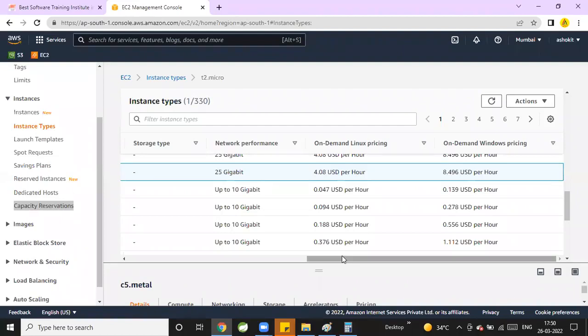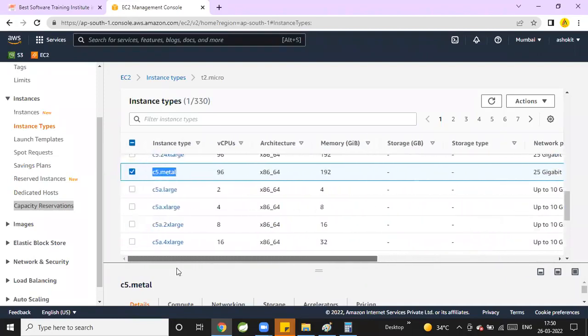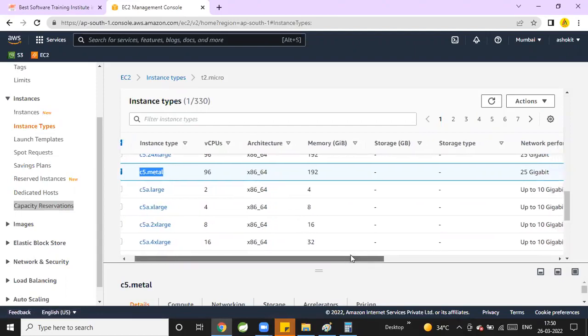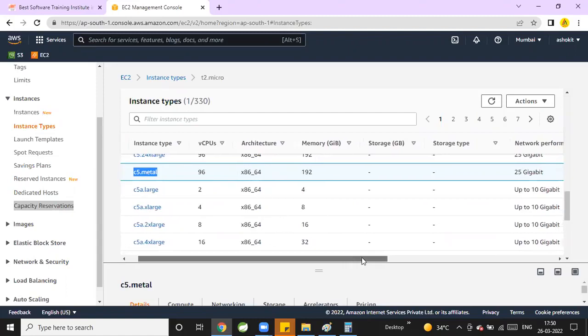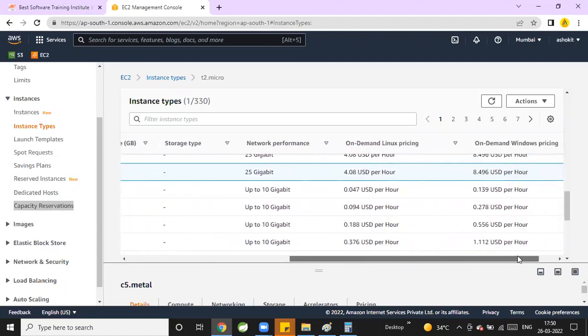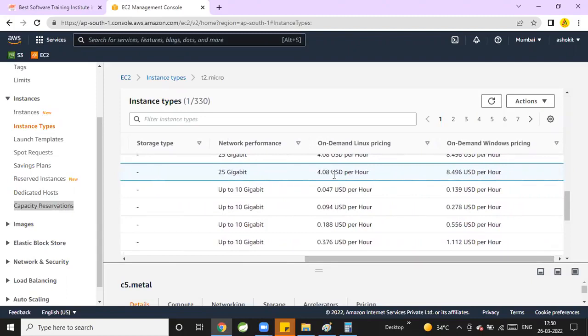That is the cost they are charging per hour if you go for this instance type called C5.metal. These are the types of instances available in EC2. For C5.metal, memory is 192, architecture is 64-bit, $4 per hour for Linux.